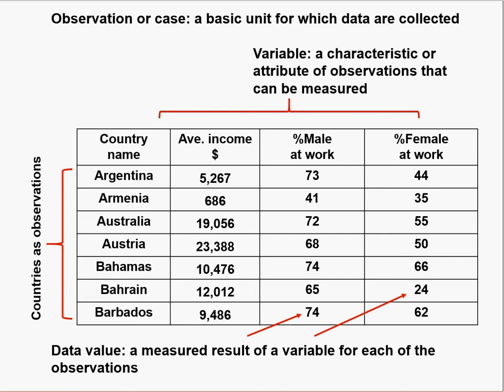And within the data set, we have variables. These refer to a set of attributes or characteristics of a different unit of measurement. One variable measures a particular attribute or characteristic of observations. In these examples, we have variables such as country names, average income, percent of males at work, and so forth.